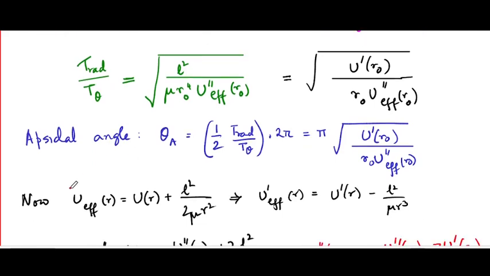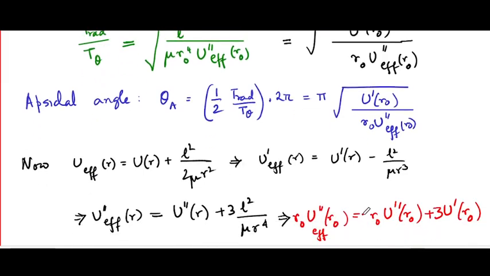Since U effective is given by this expression, U prime effective of course is its derivative, something which we have already used before. U double prime effective at R is simply U double prime R plus 3L square by mu R to the 4. So at R0, where we need this expression, R0 times U double prime effective at R0 is simply given by R0 times U double prime at R0 plus 3L square by mu R0 cube, which is of course 3U prime at R0.